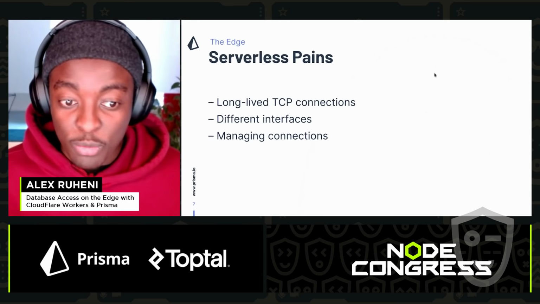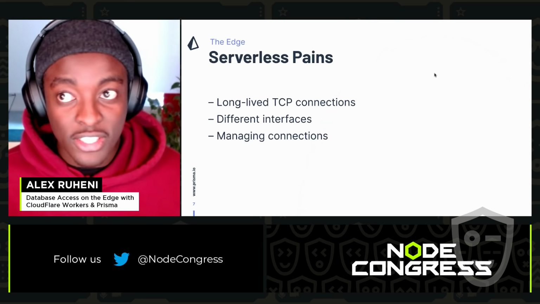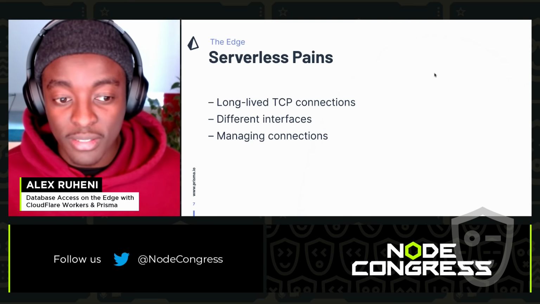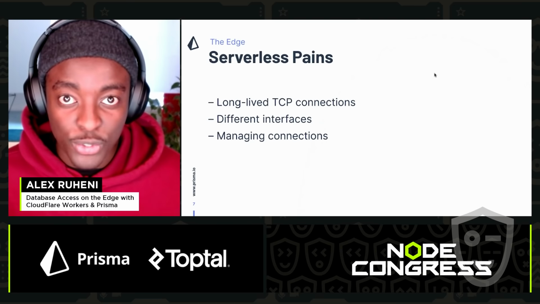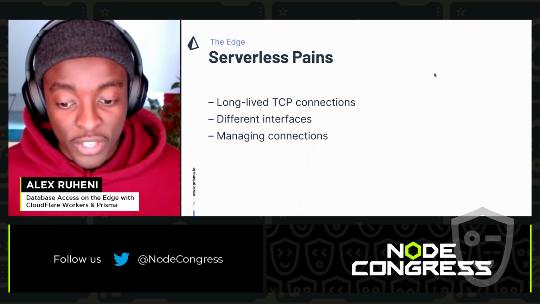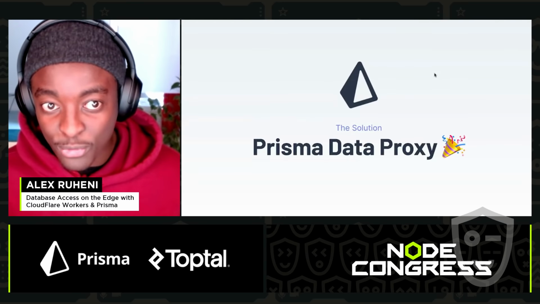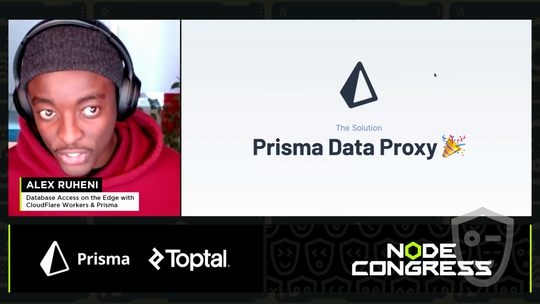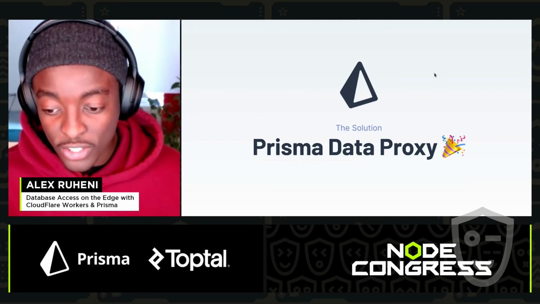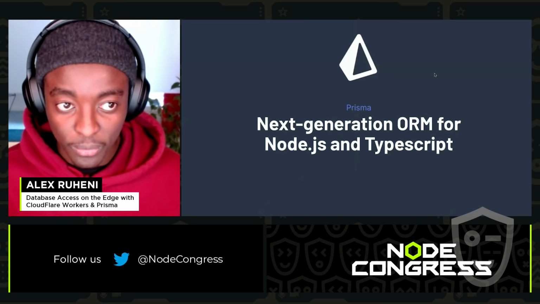Another option would be to use the Postgres and MySQL drivers and modify them to use HTTP using Deno, I believe. And finally, the gist of this talk, which is Prisma via the Prisma Data Proxy. This talk will focus on this, but feel free to try out the other options for yourself as well.